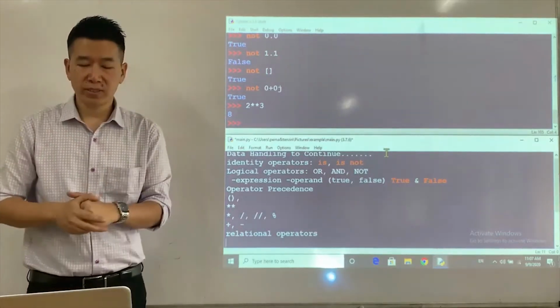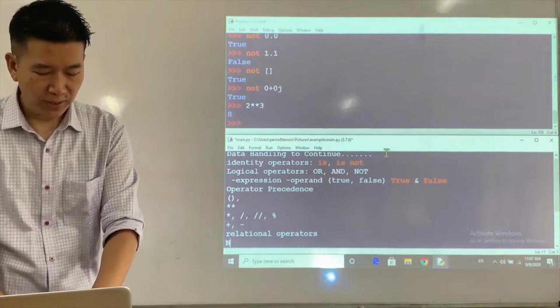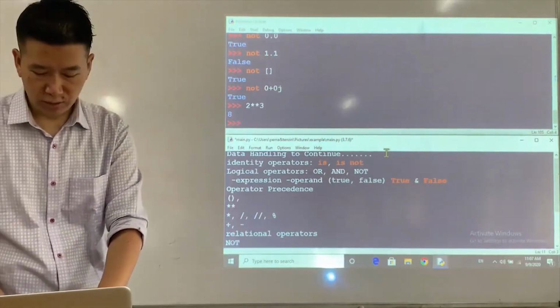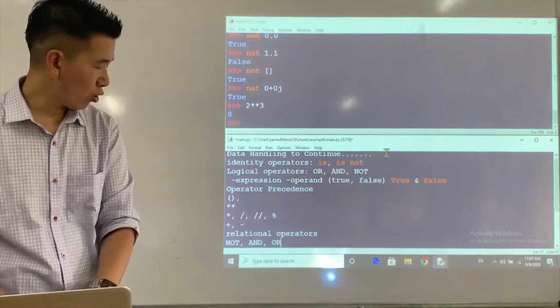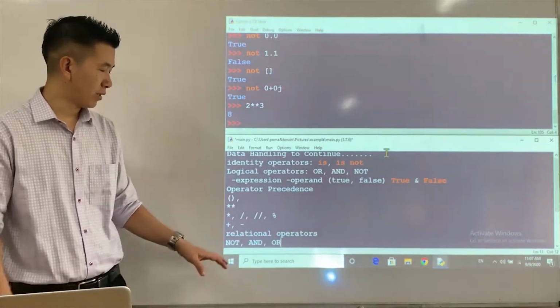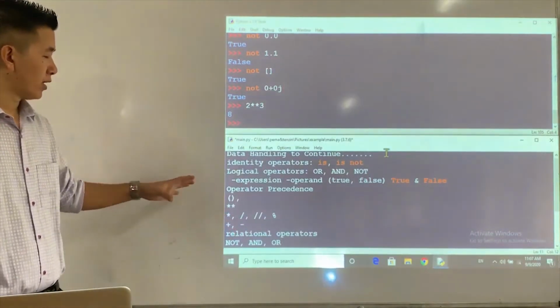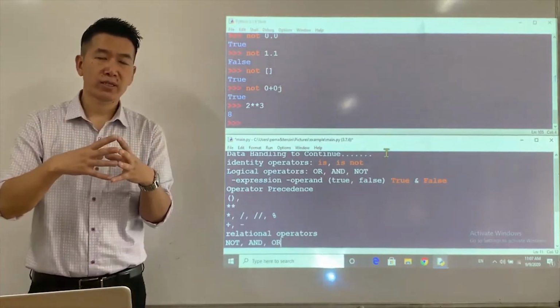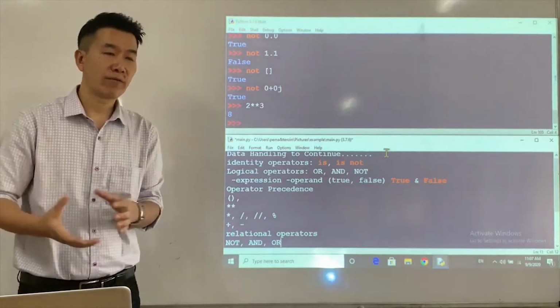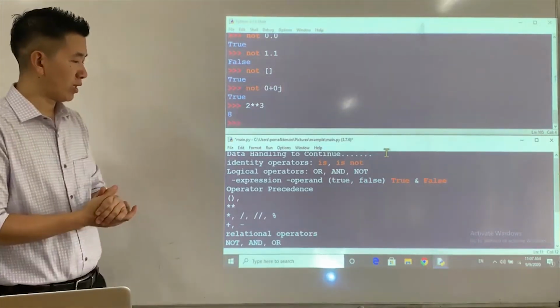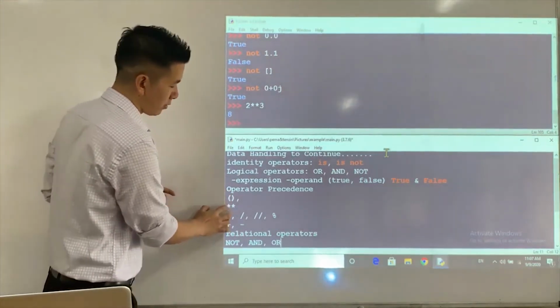Among these 3, the first operator that will be evaluated is not, the second is and, and then you have or. I'll come up with an example. So when you have various kinds of operators in an expression, which operator is evaluated first will be determined by the operator precedence.